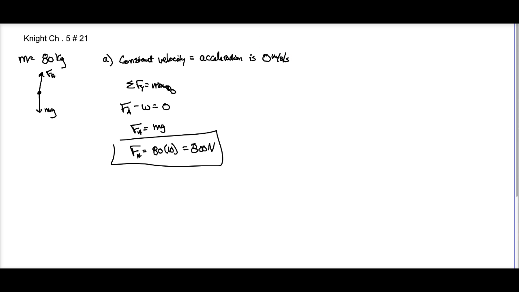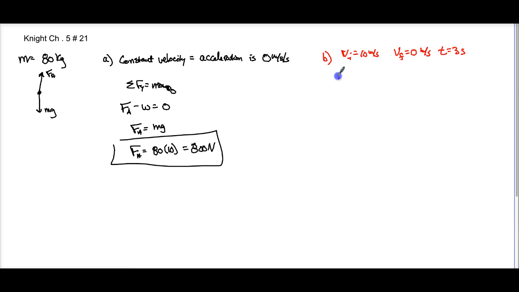Part B asks us, what is his apparent weight during that braking period? So if we're going to find out what his apparent weight is during the braking period, we need to know what the acceleration is. And he's moving from an initial speed of 10 meters per second to a final speed of 0 when he comes to rest at the bottom floor, and it's going to take him 3 seconds to slow down.